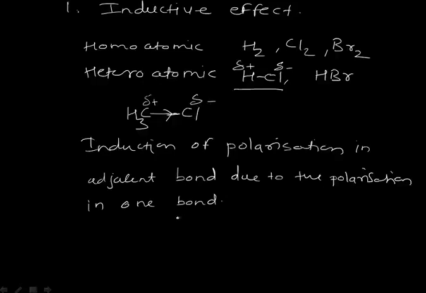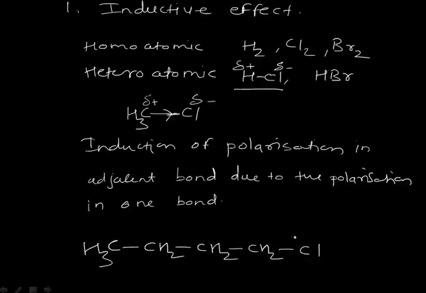If you have some more carbons attached to this carbon, suppose we take one example, CH3, CH2, CH2, CH2, Cl. This is the bond which is polar, with delta negative charge on Cl and delta positive charge on carbon, because of the pulling of electrons by the Cl atom. So this carbon is electron deficient. As it becomes electron deficient, it tries to pull some electron from the adjacent carbon, and we have again generation of positive charge on this carbon.